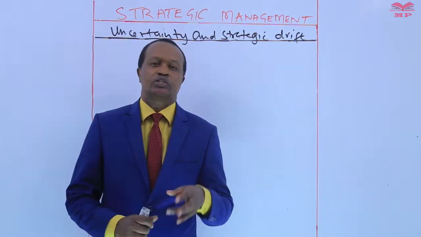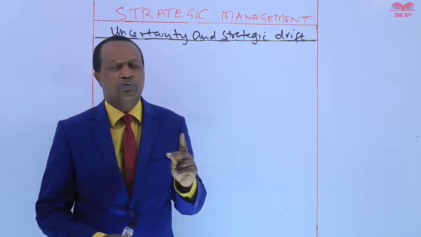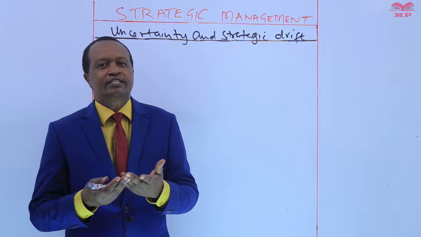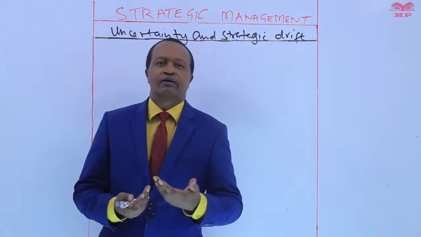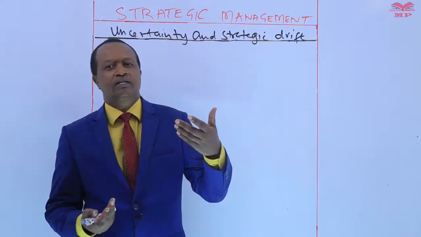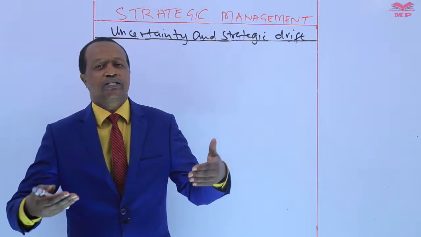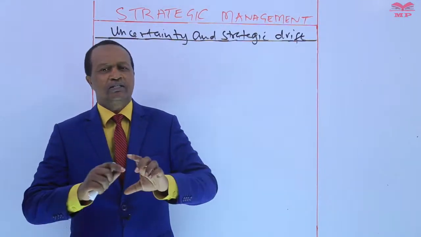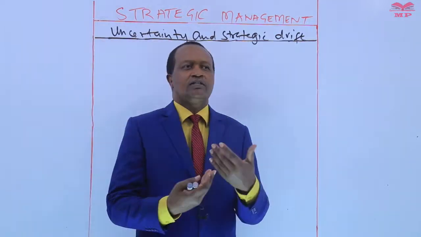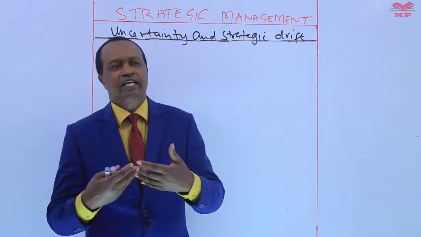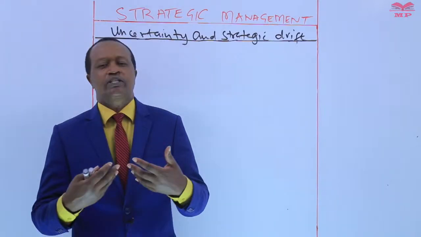Those are two concepts, uncertainty and strategic drift, which are intertwined concepts in strategic management, where we will define strategic drift in the context of strategic management. Then we'll look at the relationship between the two. But I've said that the two are concepts that are interrelated. They are intertwined in strategic management.